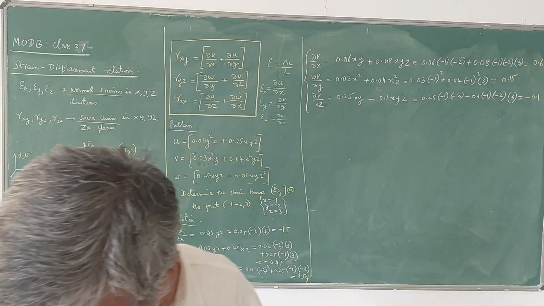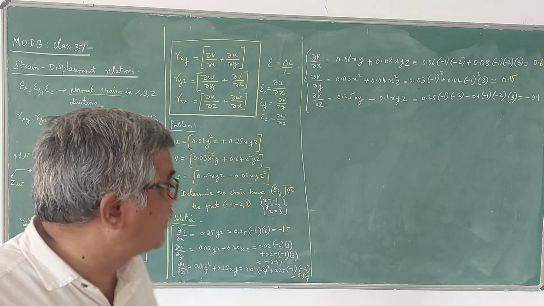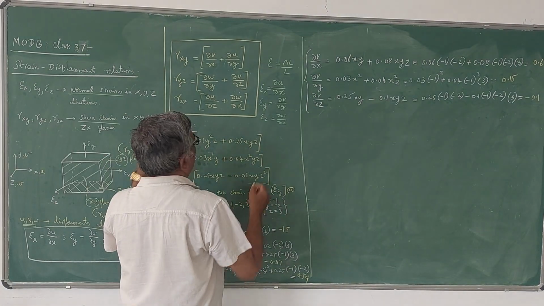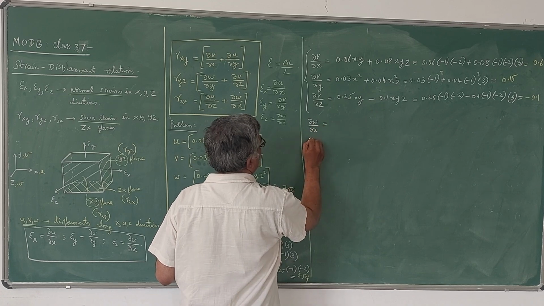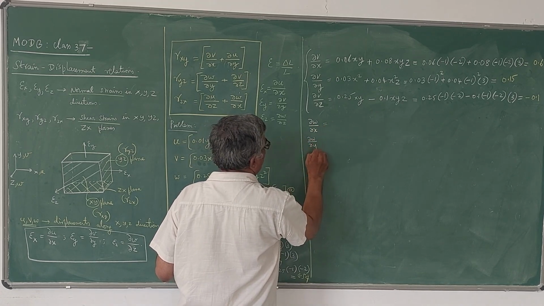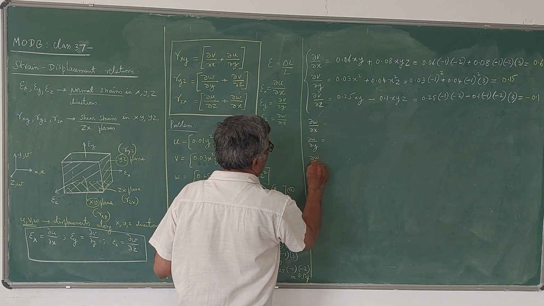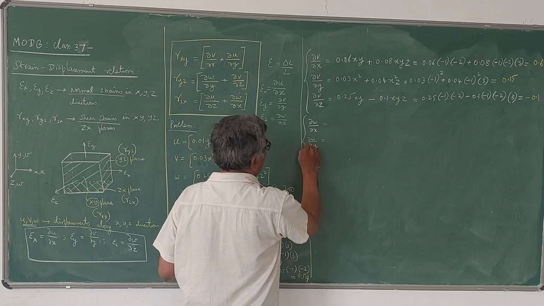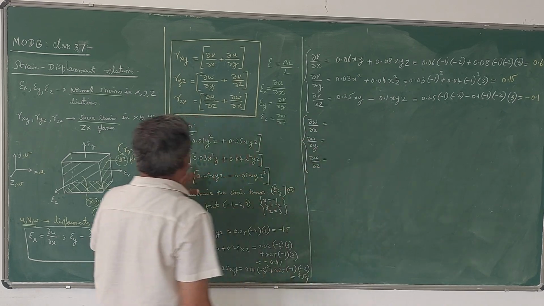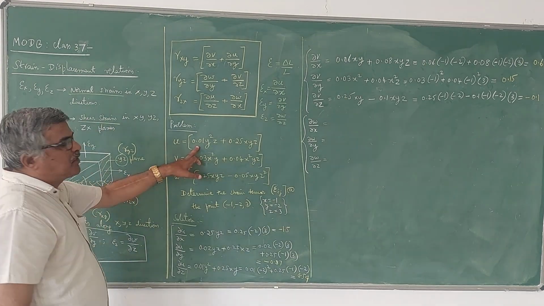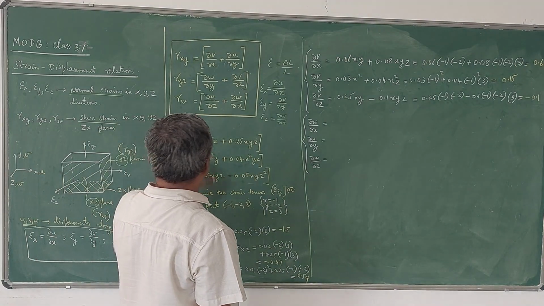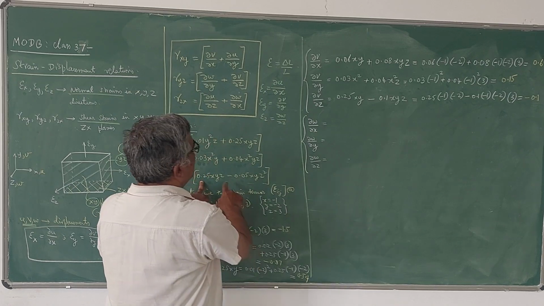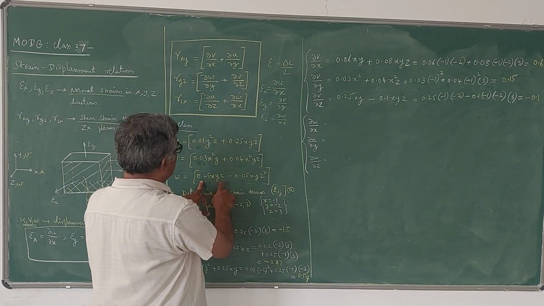Now the third set is we have to take w and differentiate with respect to x: ∂w/∂x, ∂w/∂y, ∂w/∂z. So these three values we find out now. ∂w/∂x, differentiate with respect to x, taking y and z as constants.